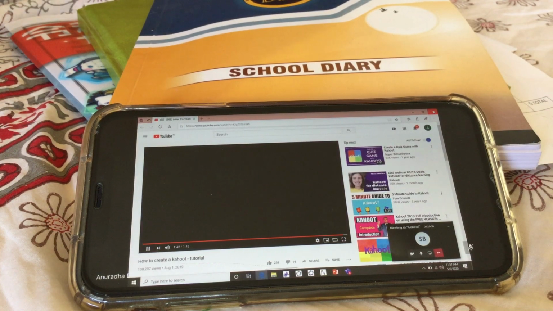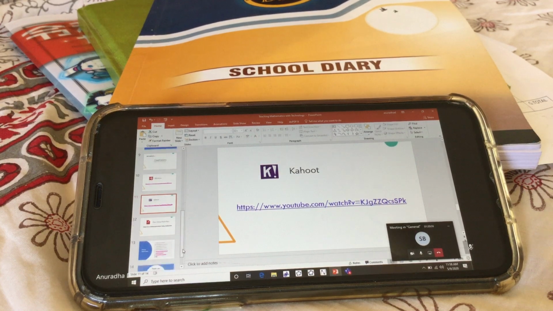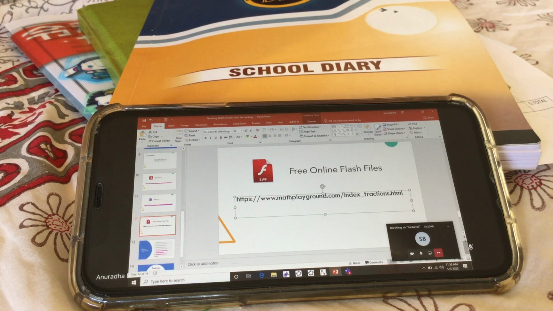Back to our presentation, just some introduction to Kahoots. Here there are so many free online flash files. We'll just click it. We have 2 more minutes to go.